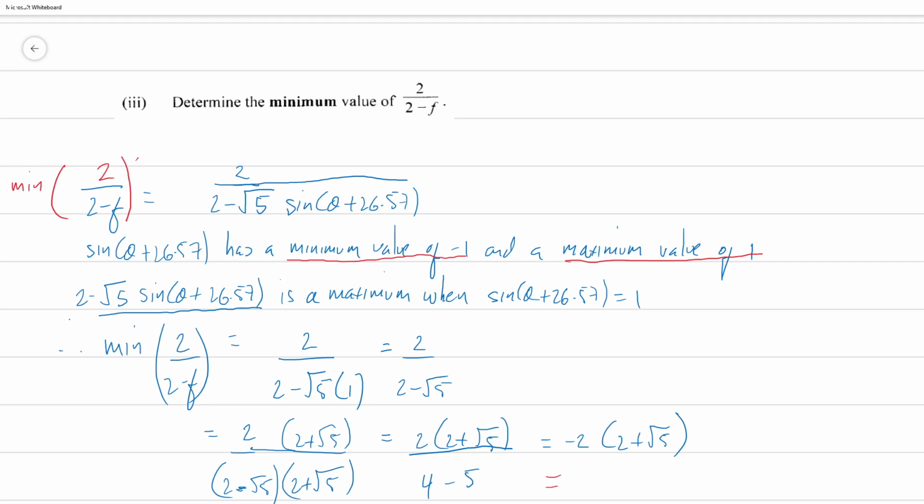I'm not sure if CXC would have given you the same mark for using a decimal as it is for converting to this form, but just for your knowledge, the decimal value is minus 8.472. But this is the exact form, and this is the form I would prefer. Okay, so that's the minimum of this function. So let's move along.